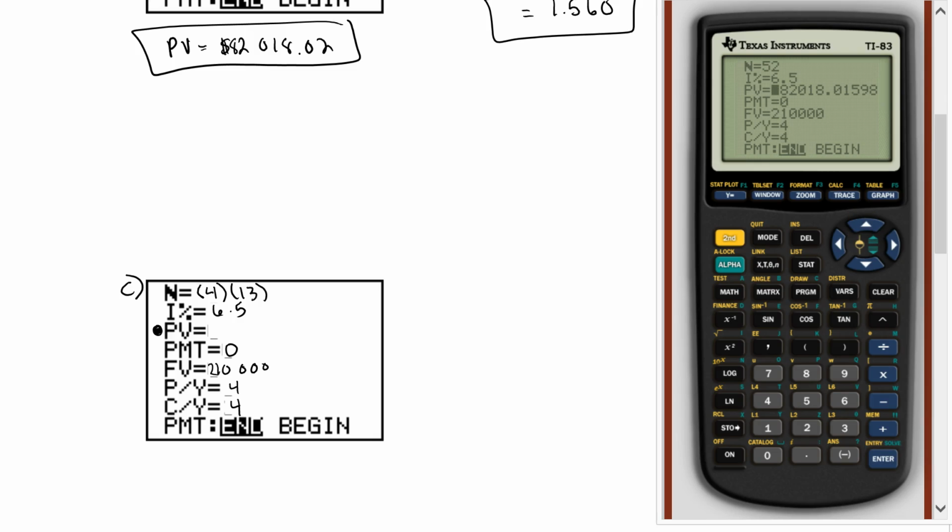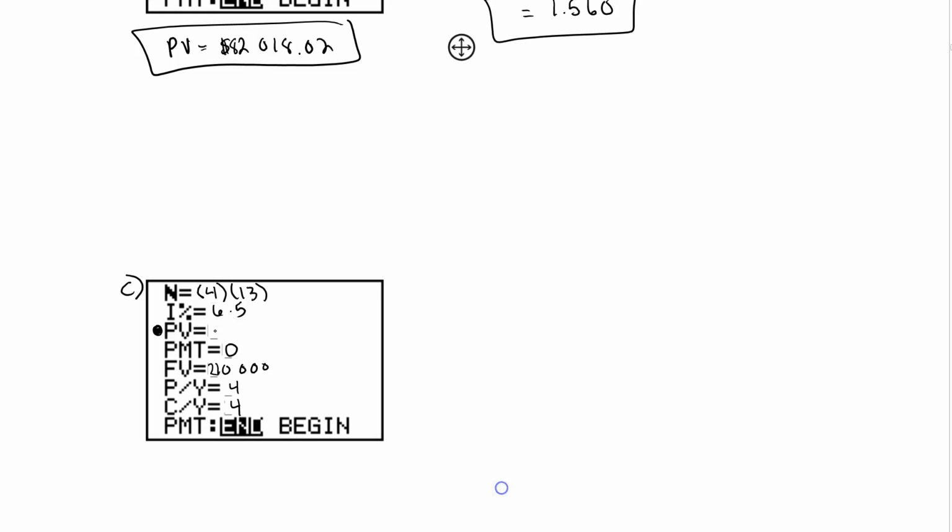So I'm going to go all the way up to PV again. Go alpha, enter, and I get $90,821.83, which again is the exact present value that we discovered the first time we saw this question.